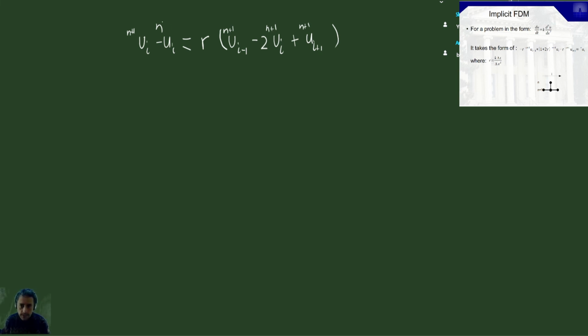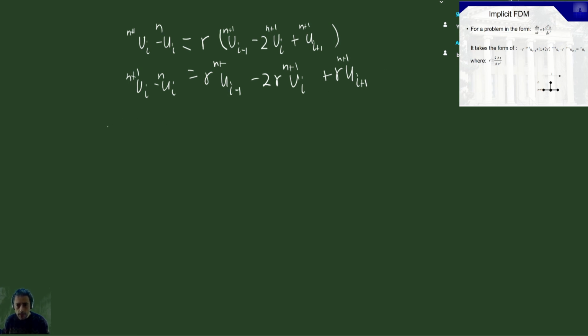So the known values are at time n, and everything at n plus 1 is unknown, so we have that equal to r times ui minus 1 at n plus 1 minus 2r ui at time n plus 1 plus r ui plus 1 at time n plus 1. So here I say plus ui at time n on both sides.